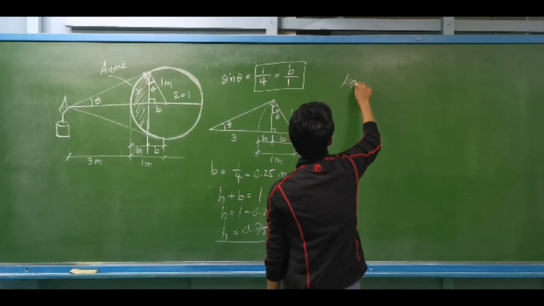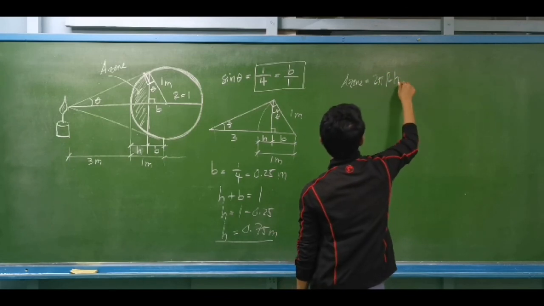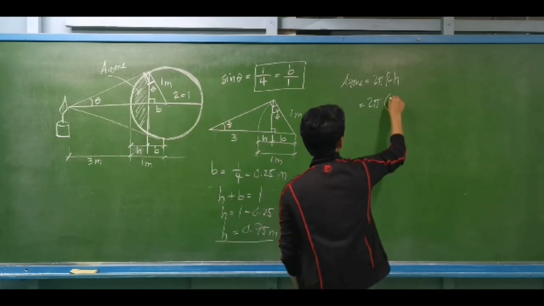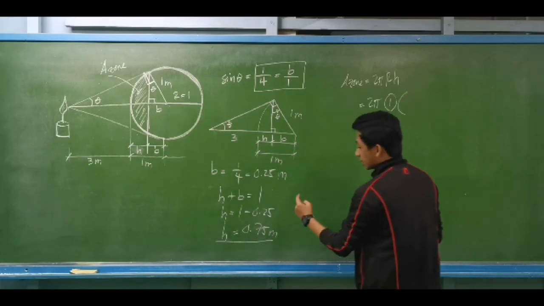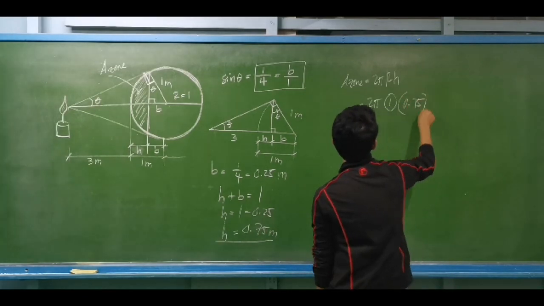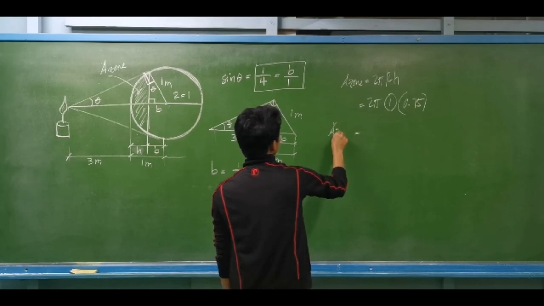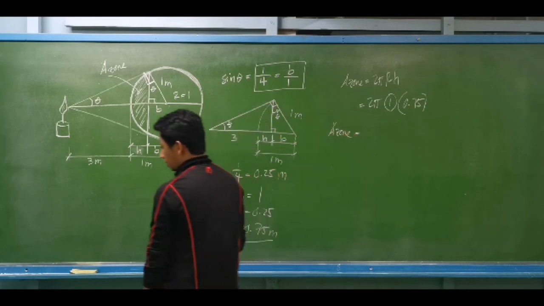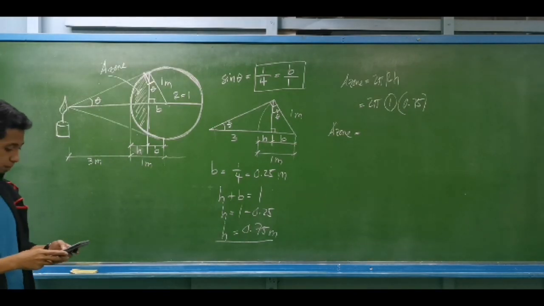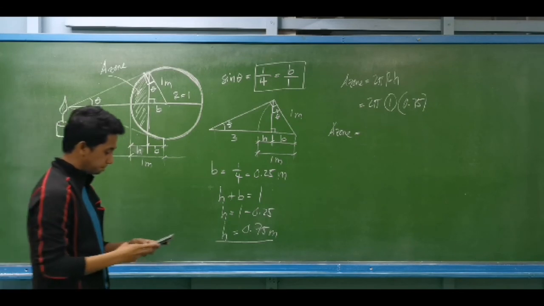Okay, the area of a zone is equal to 2 pi, the radius, times h. So, this is 2 pi. Ano yung radius ng sphere? 1 meter. Ano yung nakuha natin na h? That is 0.75. So, the area of the zone is equal to 2 pi times the radius is 1 times 0.75.